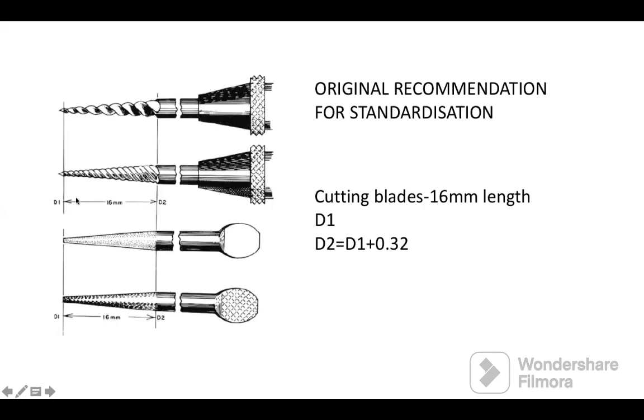So D2 is equal to D1 plus 0.32. So in the present specification, the point D1 is referred to as D0 and the point D2 is referred to as D16.